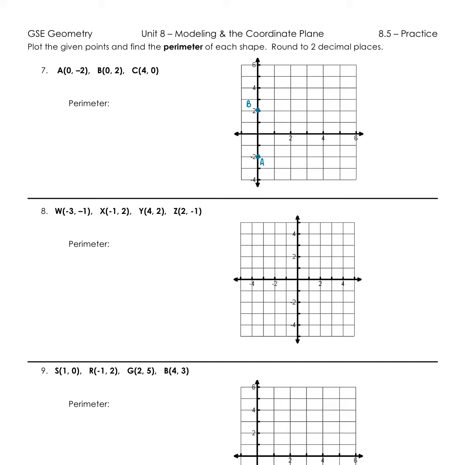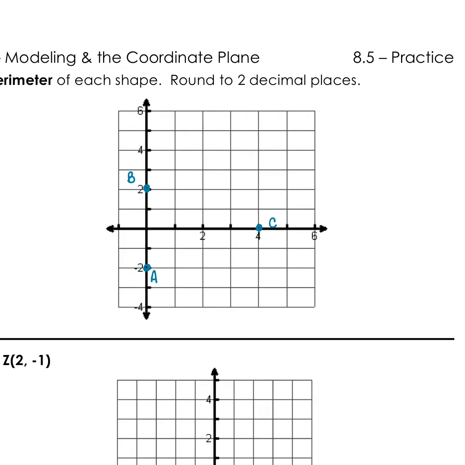And C is at 4, 0. So we've got 3 points, and when we connect these points, we get a triangle.